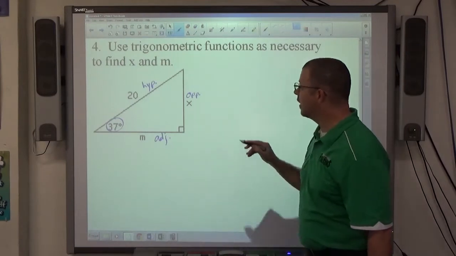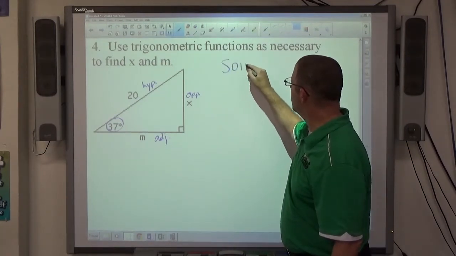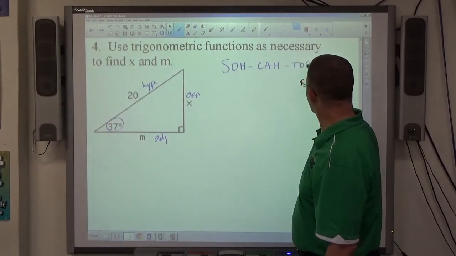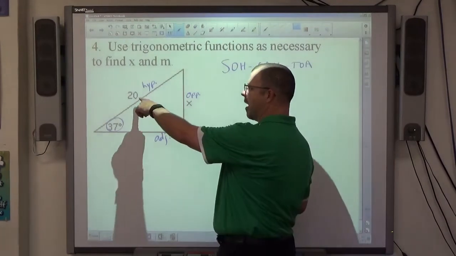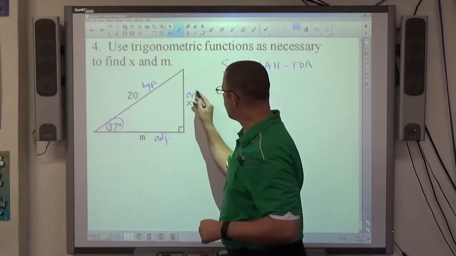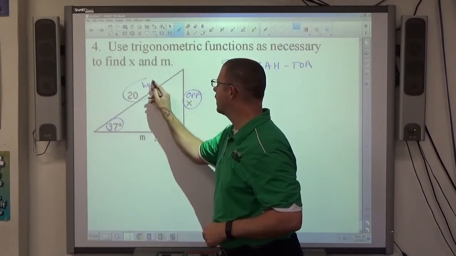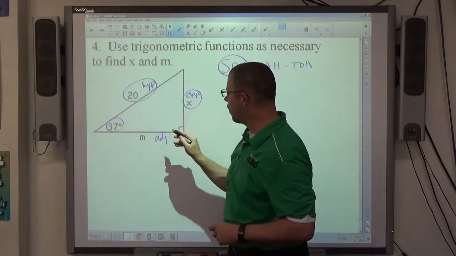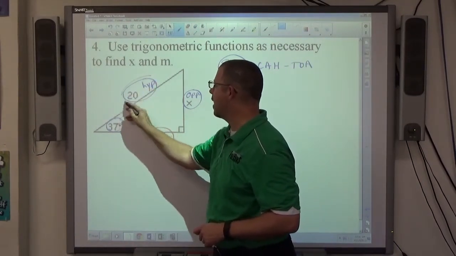Using trigonometry and the acronym SOHCAHTOA, I can see that I know the hypotenuse and I want to know the opposite. So based on wanting to know this and knowing this, sine is useful. Also, I can see I want to know the adjacent side and I know the hypotenuse.